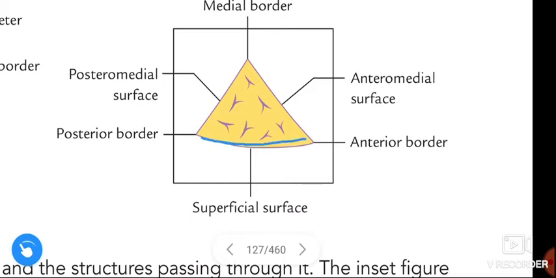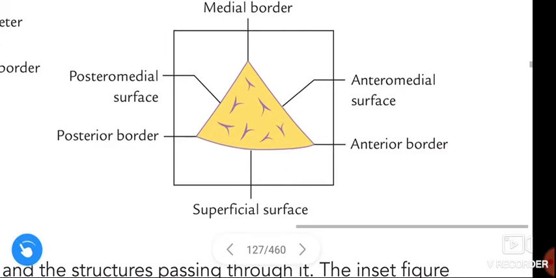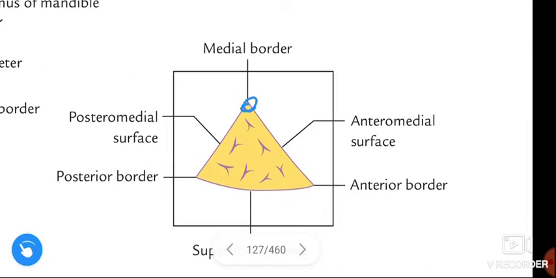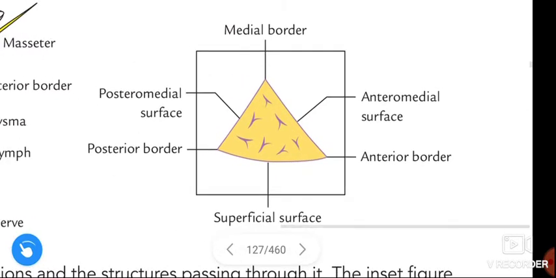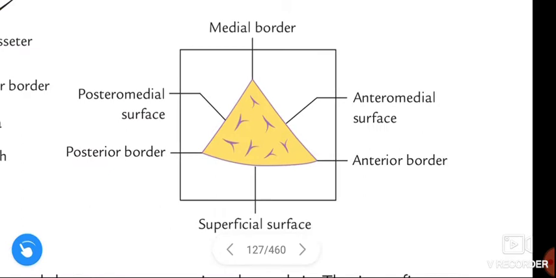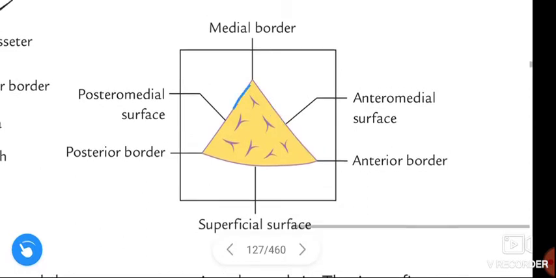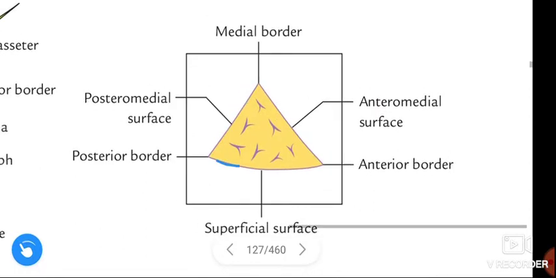This is the posterior border, this is the anterior border, and this is the medial border.